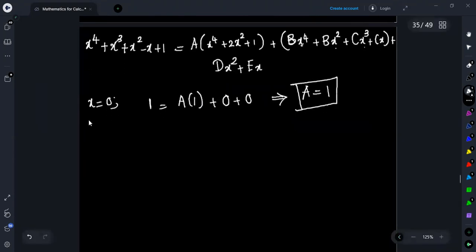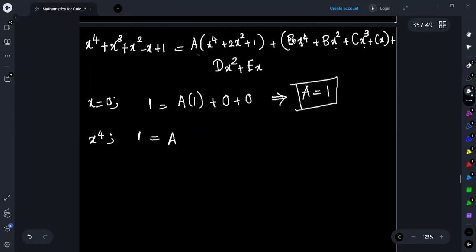Okay, now consider the coefficient of x^4. Here the coefficient of x^4 is 1 on the left hand side. On the right hand side, it is A, and we need to check whether there are other x^4 terms.